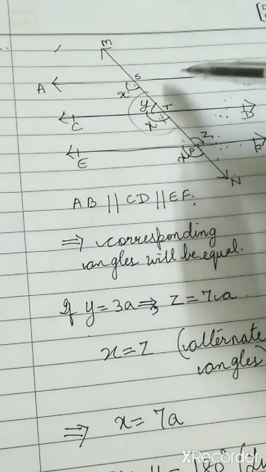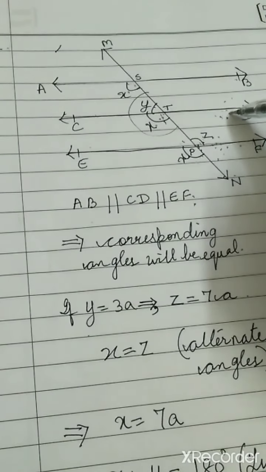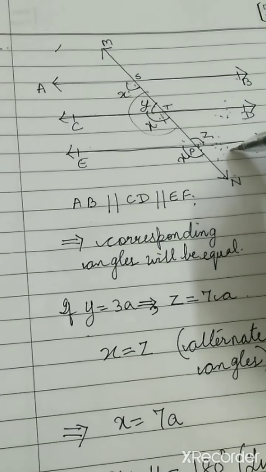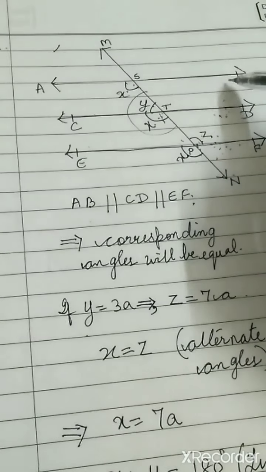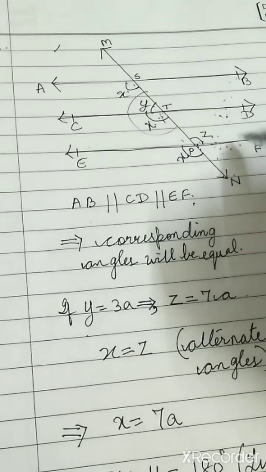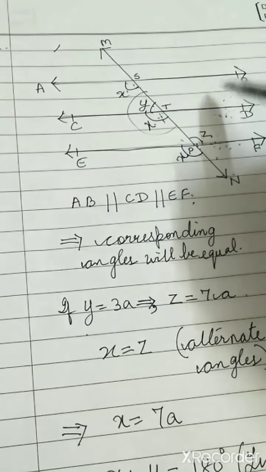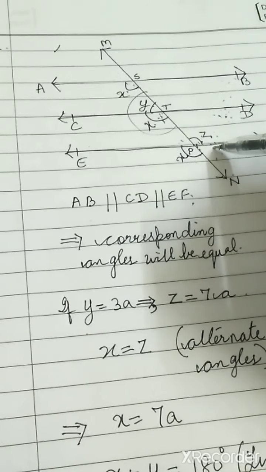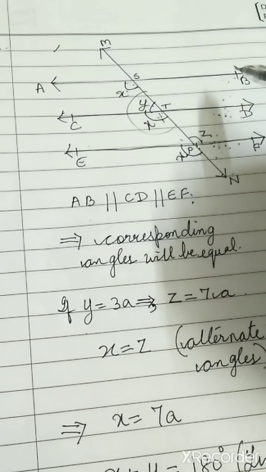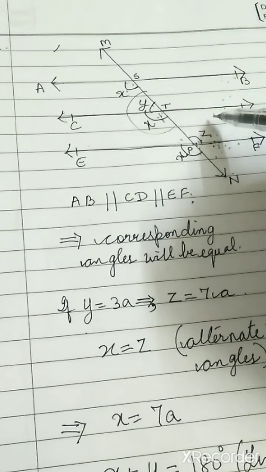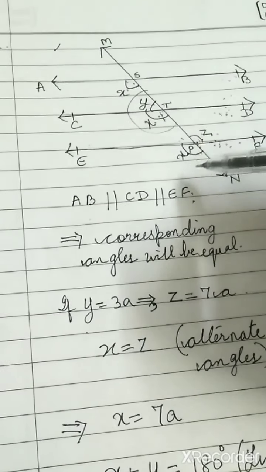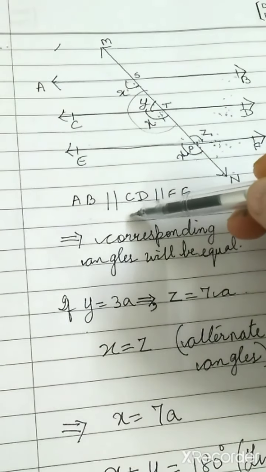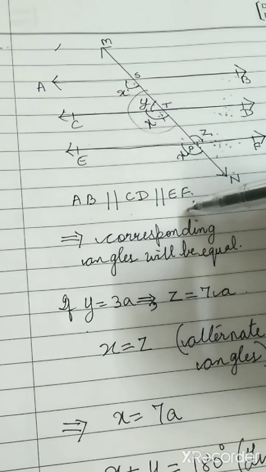Okay, so now we'll see the given figure carefully. In this figure you may see AB is parallel to CD and CD is parallel to EF is given to us. Now both AB and EF are parallel to CD, therefore they will be parallel to each other also, by the theorem which says that lines which are parallel to the same line are parallel to each other. Therefore AB is parallel to CD is parallel to EF.